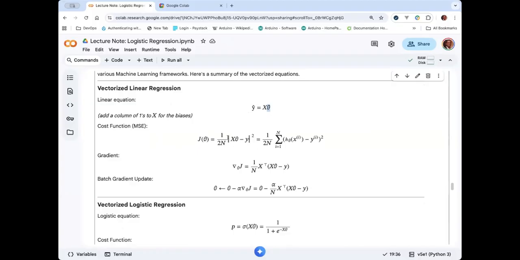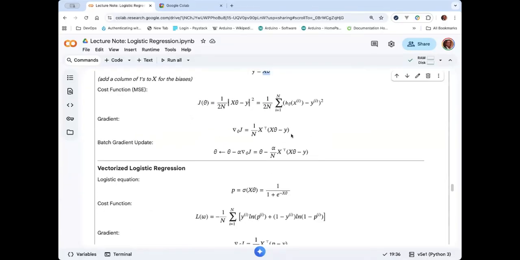The cost function is now written this way. So this is breaking it down, again, into semi-vectorized form, right? But the vectorized form is 1 over 2n, x theta, which is y hat minus y. This thing is a double line, which means a norm squared. So that means it's a sum of the squares, divided by 2n.